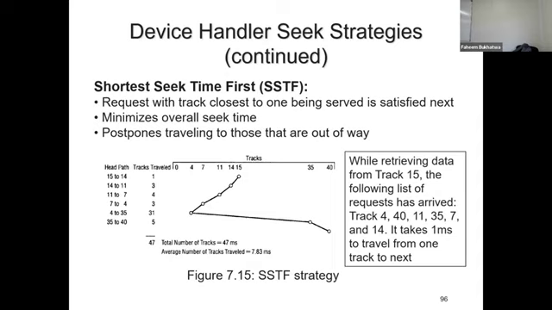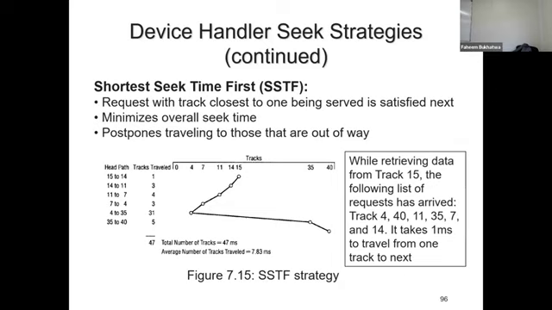And that gives us a long, a big average. And when we organize them in the shortest job first, we get the best performance, the best average. Same here. This one, the shortest seek, has a lot better average, much lower average seek time, which is good for interactive jobs.